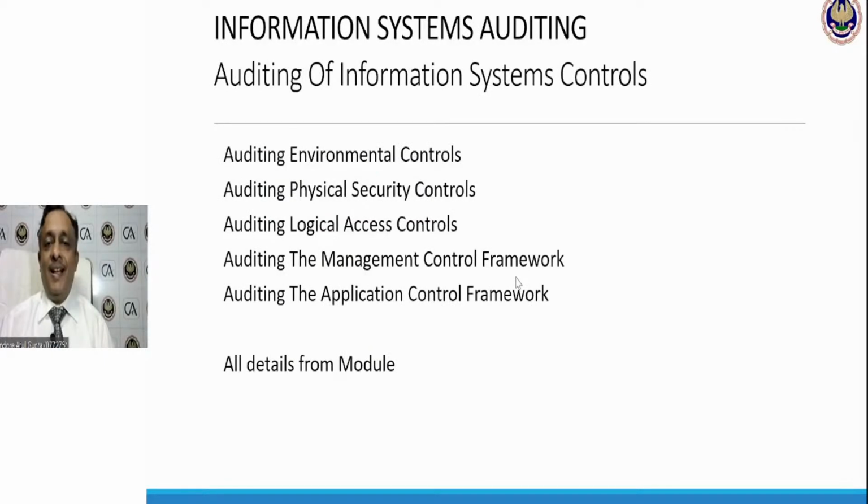Then, auditing environmental, physical security controls, logical access management controls, framework, and application controls. Now, see, because we've established controls, now you're going to audit controls. So, not much is going to change. Let me ask this question: establishing control is the responsibility of whom? Management.